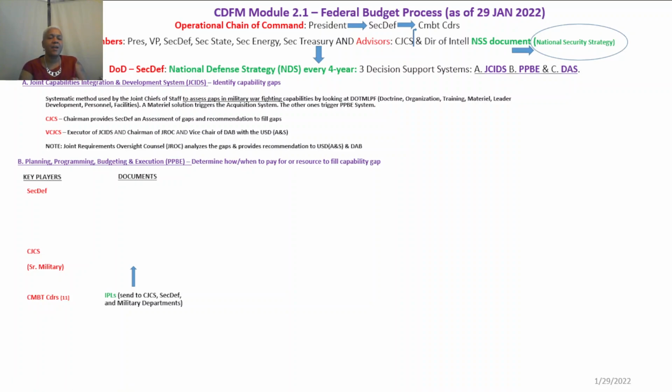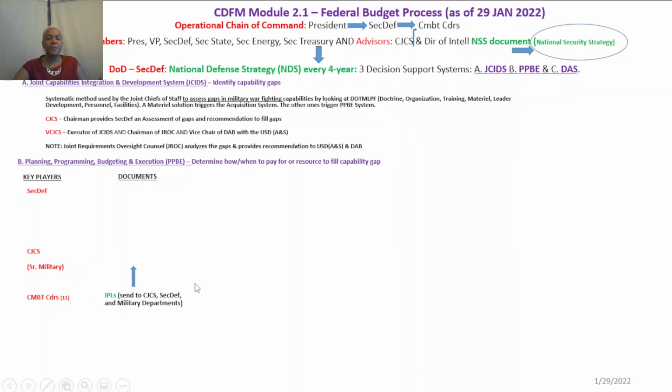They let their higher command know, I am in charge of Northcom, Southcom, or whatever area, and we need these resources. They send a copy to the chairman of the Joint Chief of Staff, the SecDef, and the military department responsible for that resource, the Army, the Navy, because combatant commanders do not own the resources. They're just in charge of a geographic area.